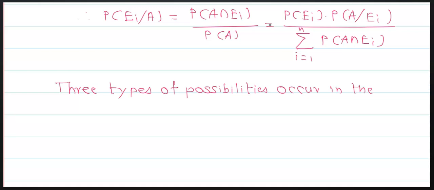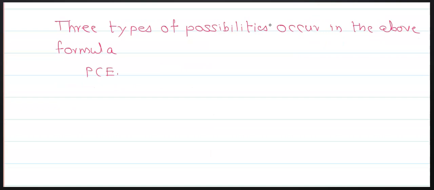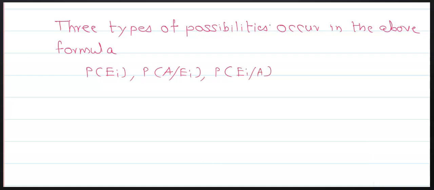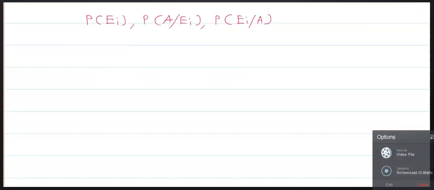There are three types of probabilities occurring in the above formula: probability of Ei, probability of A conditional Ei, and probability of Ei conditional A.